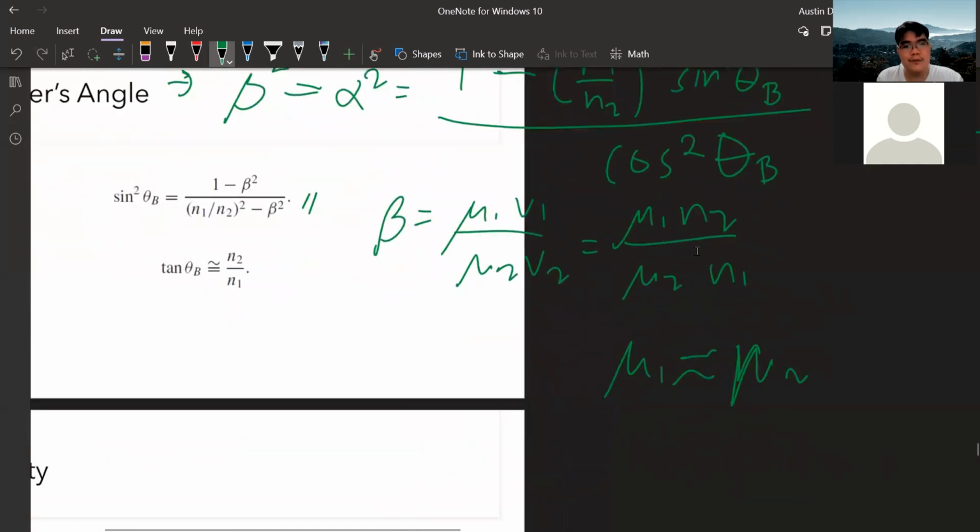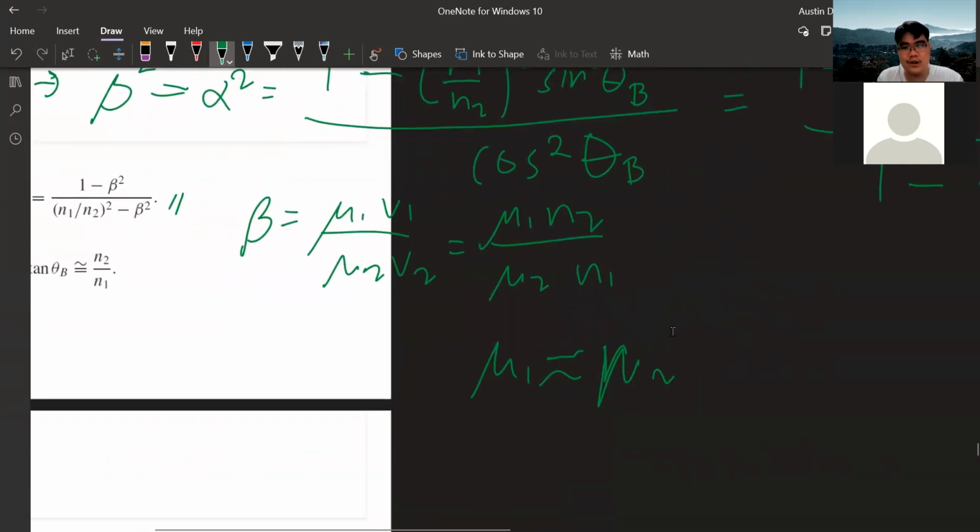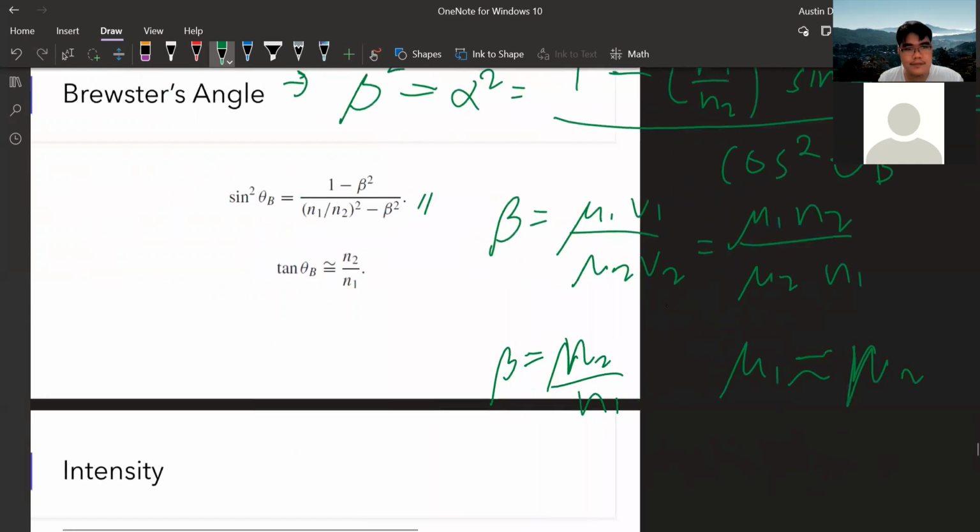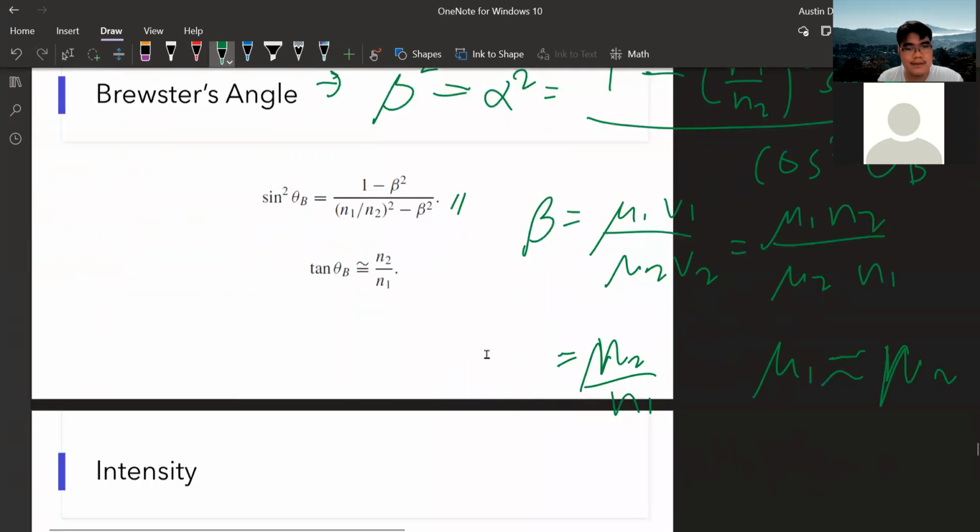Okay, now for most materials, mu1 is equal to mu2. Therefore, beta becomes n2 over n1. Beta is equal to n2 over n1. Therefore, we can simplify this guy.